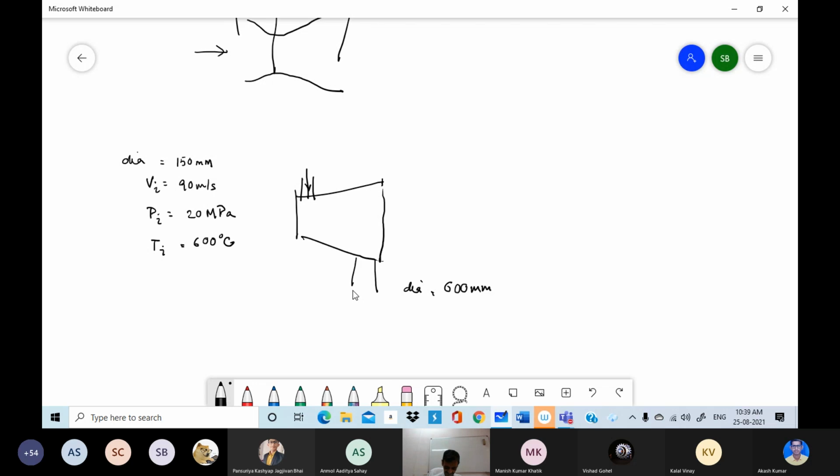And the exit pressure and temperature of steam are 300 kilopascal and 150 degrees centigrade.